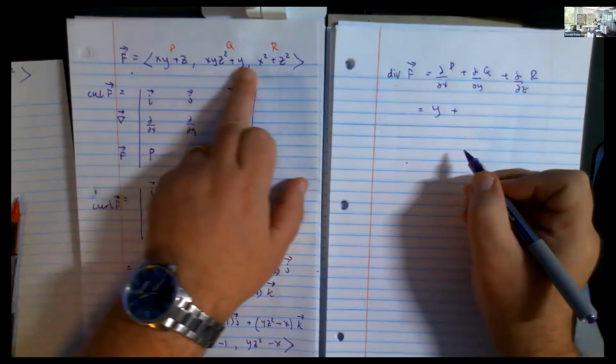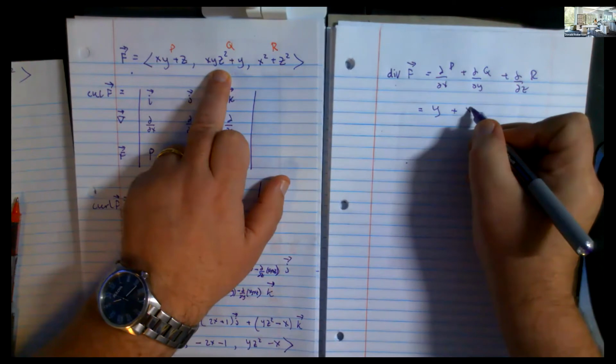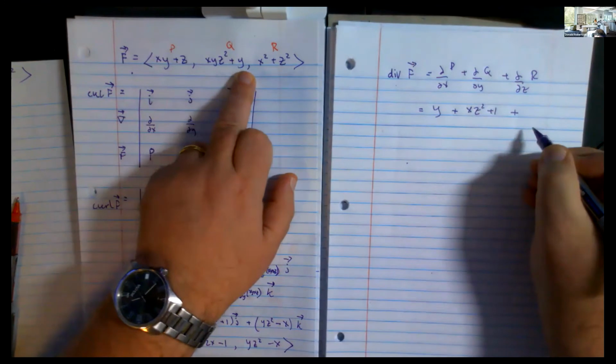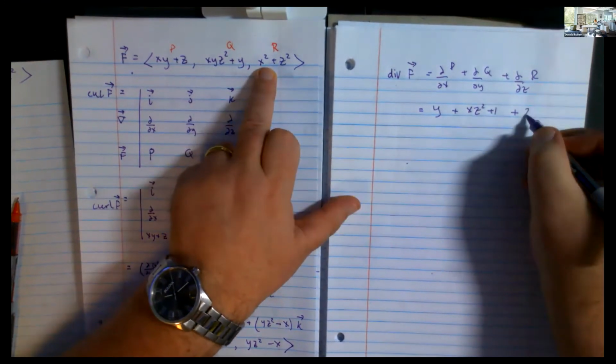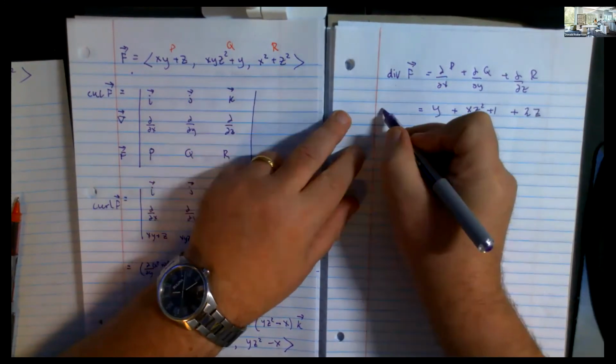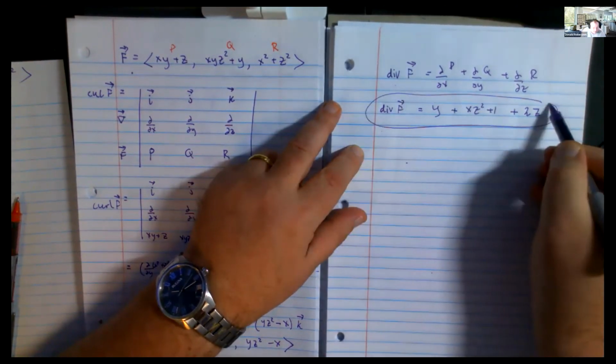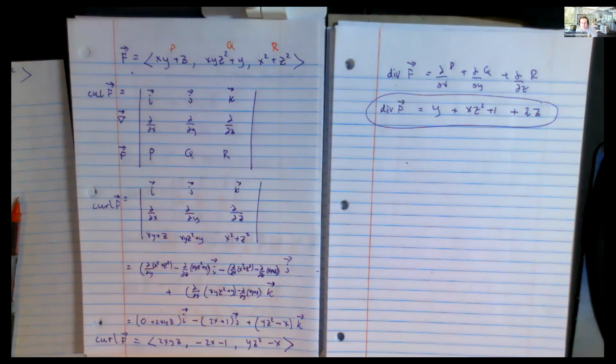Partial derivative of this guy with respect to y is xz squared plus 1, added to the partial derivative of this guy with respect to z, and maybe now and again you're going to get some collecting like terms or whatever. Would you agree finding the div is easy? Partial derivative x, add partial derivative y, add partial derivative z. Everybody's your friend, right?